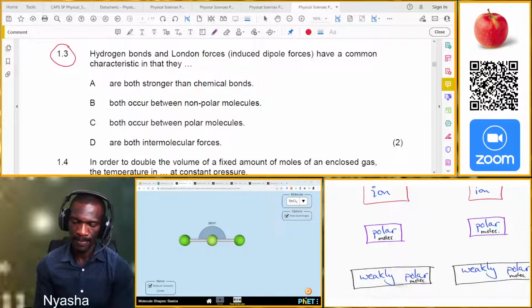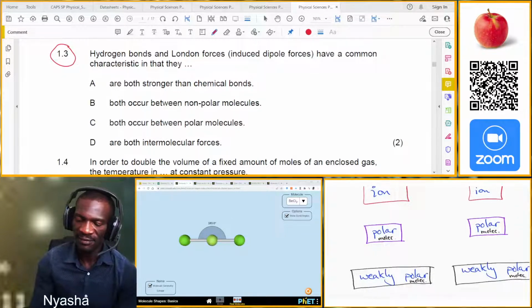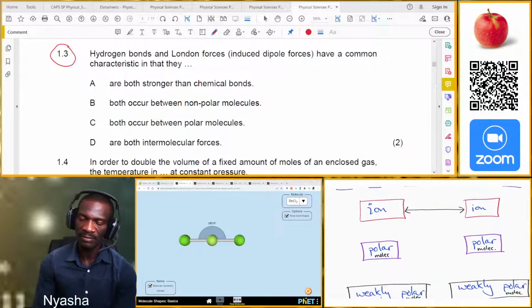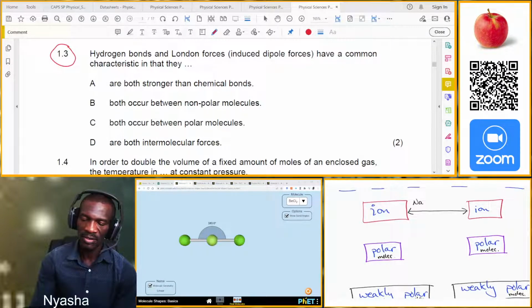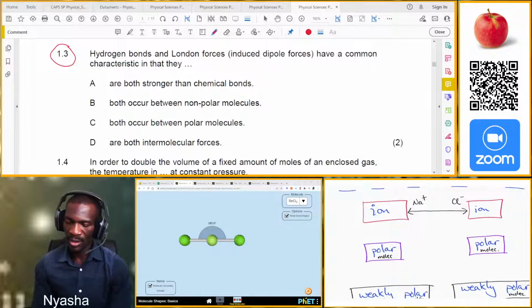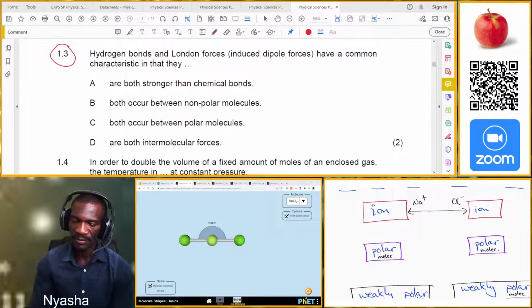Okay. So if we have ion to ion bonds, you can have, for example, sodium and a chloride. So ion to ion bonds would form an ionic bond, isn't it? An ionic bond.